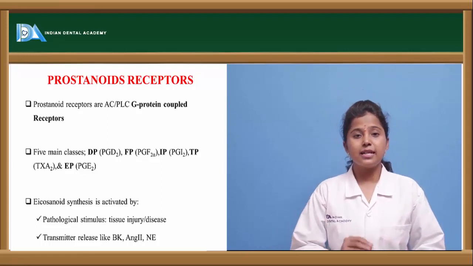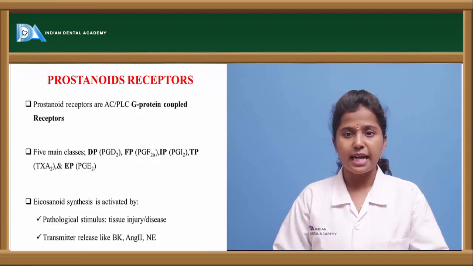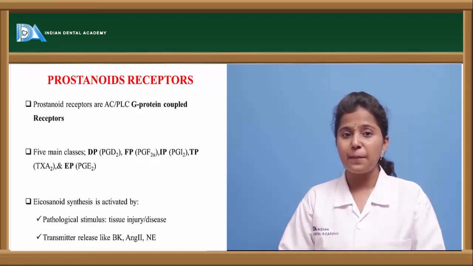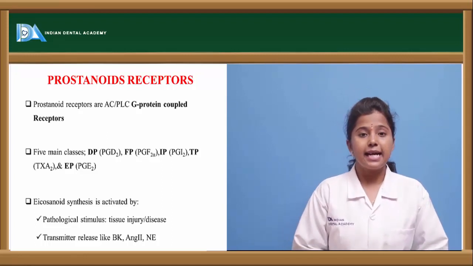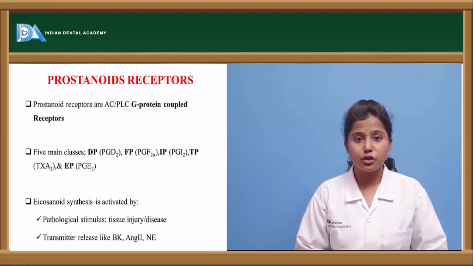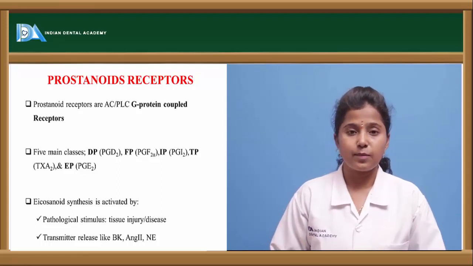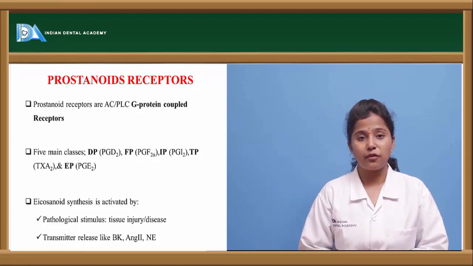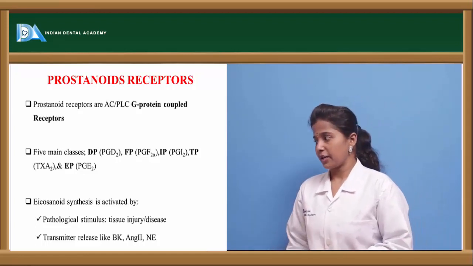So when these prostaglandins bind to those receptors, cyclic AMP or cyclic GMP is converted to AMP or GMP, and thereby constriction or dilatation of a particular muscle tissue takes place. So these are GPCR type receptors where these prostaglandins bind and exert their action.